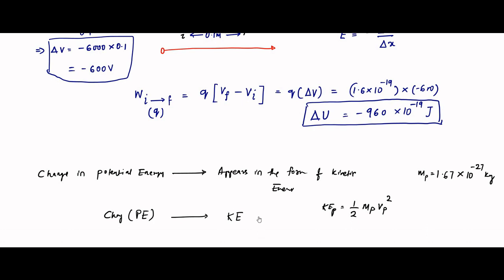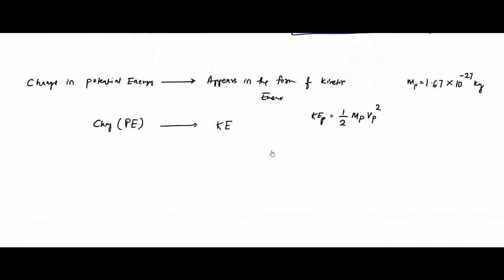That implies 960 into 10 to the power minus 19 joule is equal to 1/2 into 1.67 into 10 to the power minus 27 into Vp square.